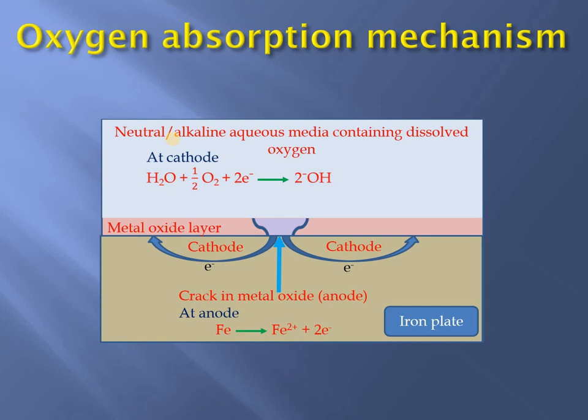Now if excess of oxygen is there in the electrolytic media, then this ferrous hydroxide will get converted into Fe2O3·2H2O, that will be called rust. So the corrosion product will get deposited at the junction of anode and cathode. So here at the junction of anode and cathode, the corrosion product will get deposited, and in this way the crack will get repaired in this case.